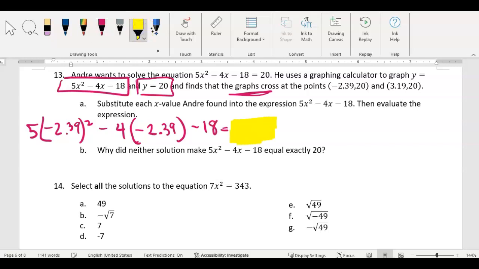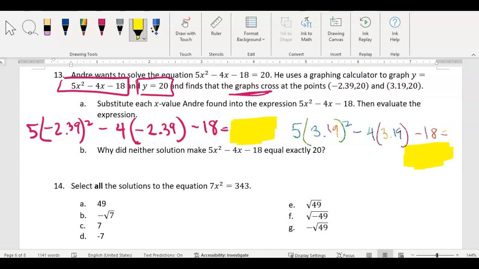You do the calculations for that. Then we're going to do 5 times 3.19 squared minus 4 times 3.19 minus 18 equals, and again, you're going to solve that. Find that there for me.